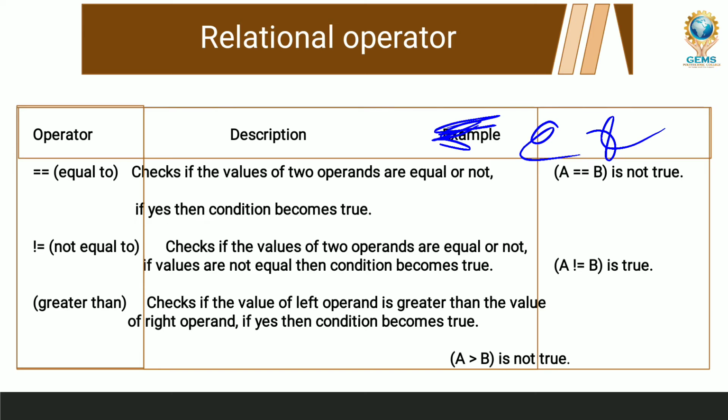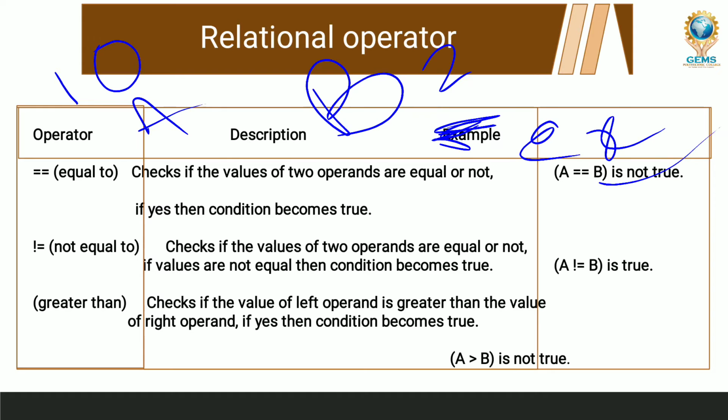A equal to B means the A value and B value should be the same, then only it is right. With A value 10 and B value 20, both are not equal, so equal to is not true. But A not equal to B is true. This is the not equal to symbol.